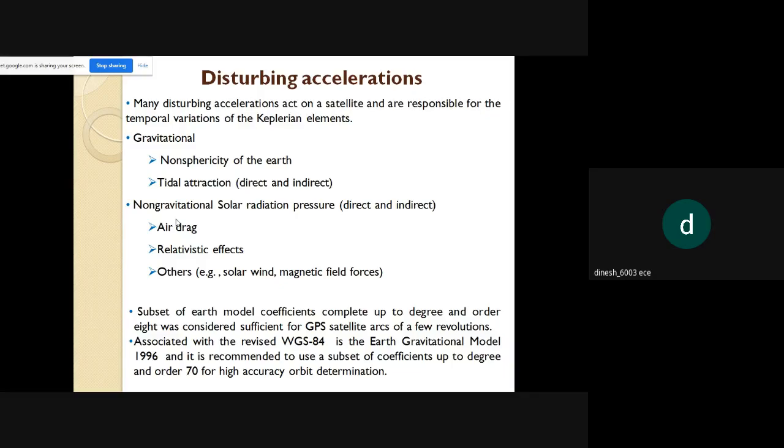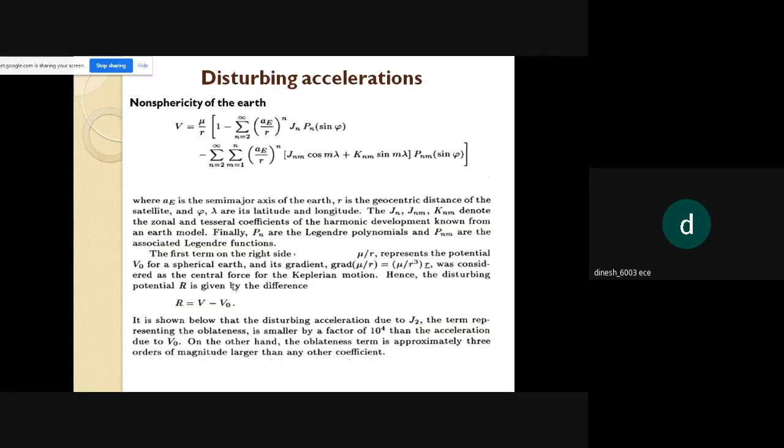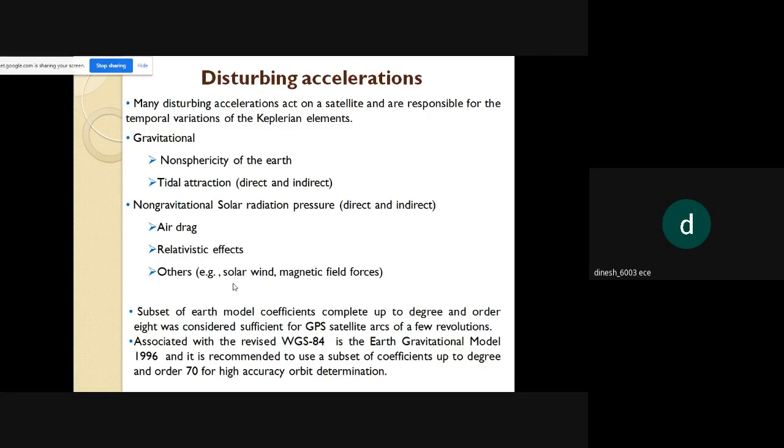The non-gravitational includes solar radiation pressure, SRP, air drag, moment of wind, relativistic effects, solar wind, magnetic forces, and so on. Considering all these things, we are going to determine what type of model can be used appropriately for maintaining this system correctly.